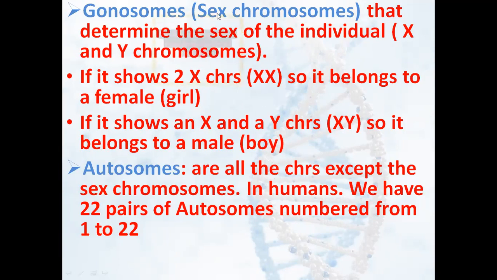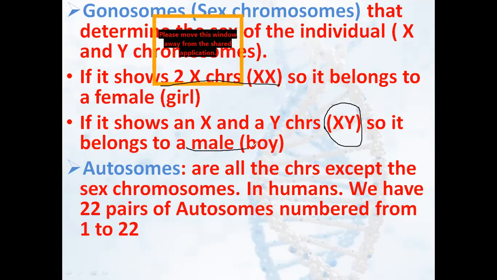This is the karyotype for a female, since it has two X chromosomes. However, if we have one X and one Y, it belongs to a male or a boy. So these are the gonosomes that are here in our karyotype.